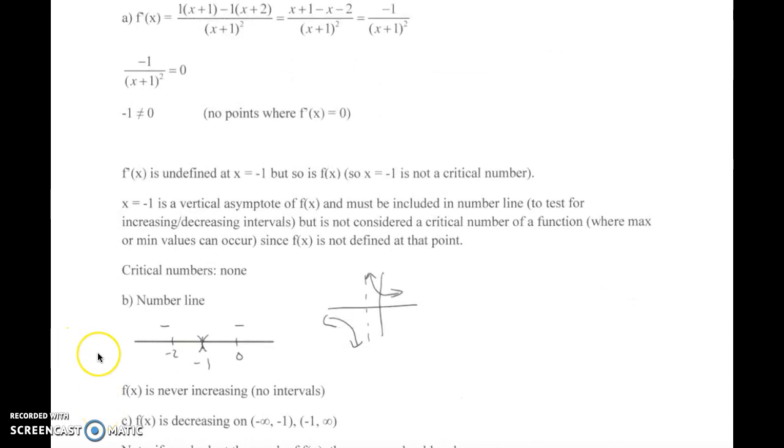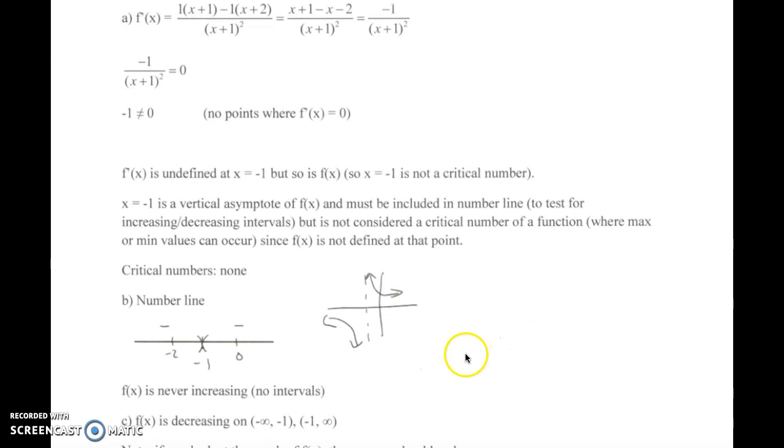Okay, so when we test around -1, we see that when we plug in values, we end up with negative values to the left and negative values to the right. And this is a little sketch of what the graph looks like. All right, and it's a version of 1 over x, which is something that you saw in college algebra.